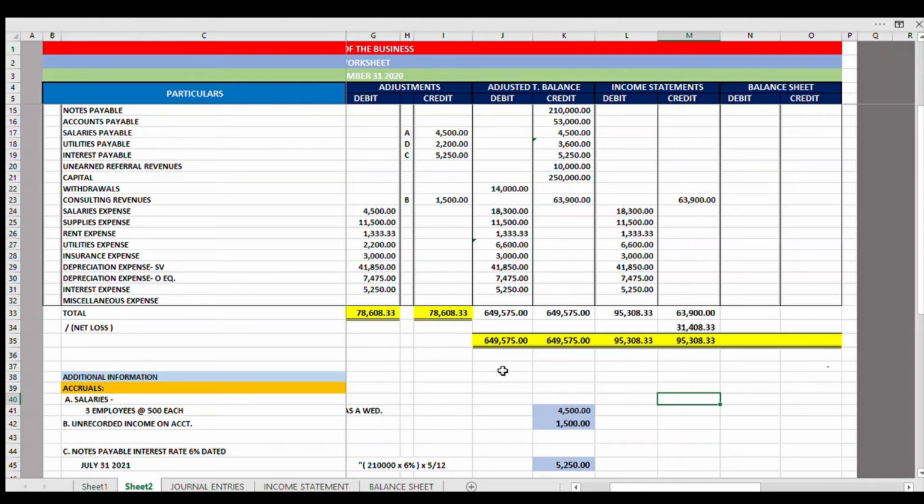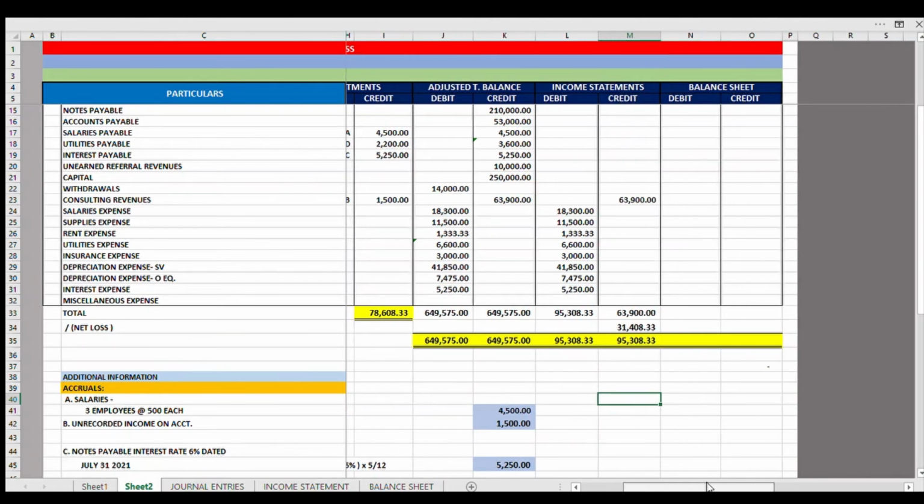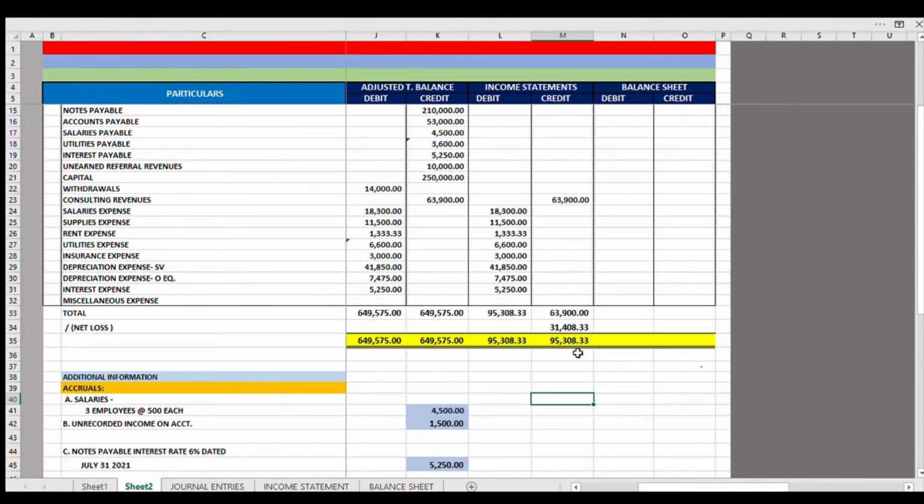Bringing the account balances down and still balancing in this column up to the column of the income statement. So it is now clear to us that the net loss is 31,408.33.